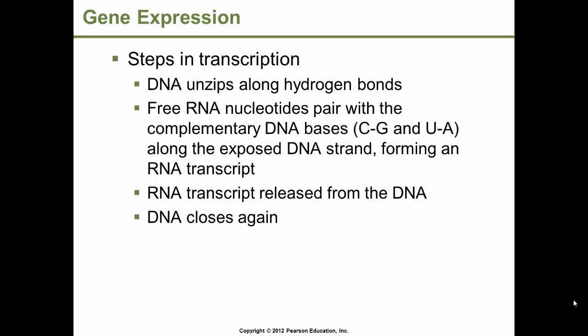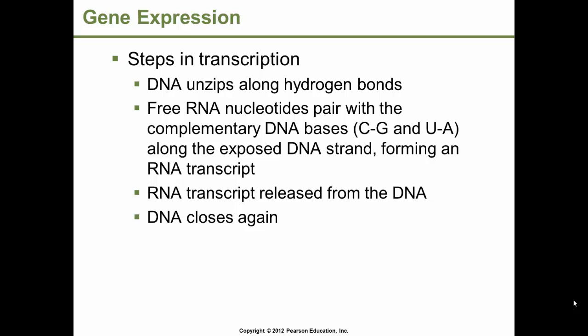So these are going to pair up along the exposed DNA strand, forming this RNA transcript. The RNA transcript is released, the DNA closes again, and this RNA molecule is going to be transported out of the nucleus through the nuclear pores to the cytoplasm.